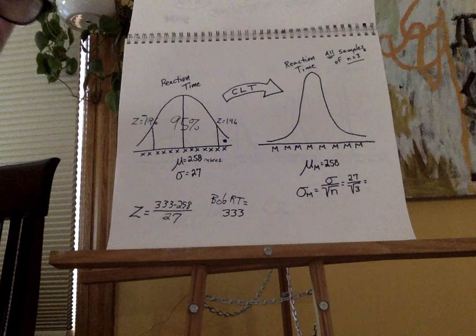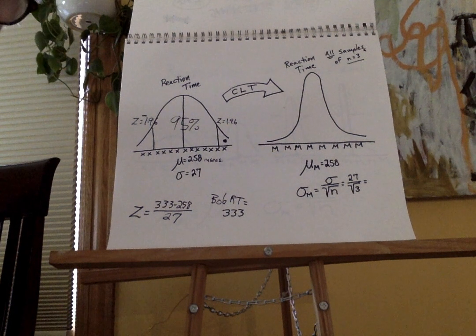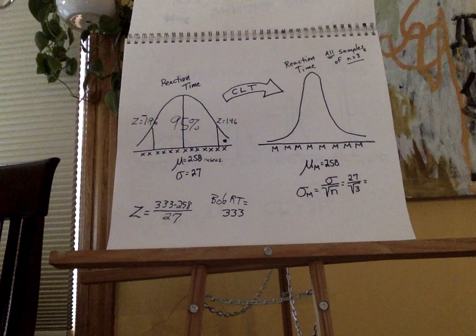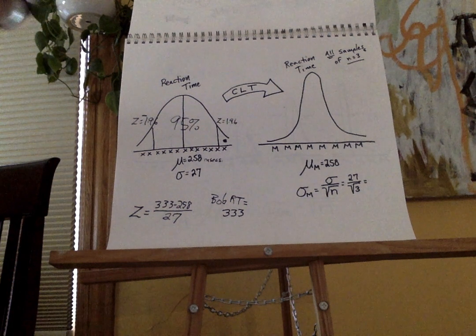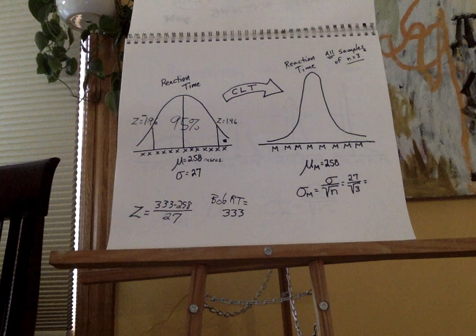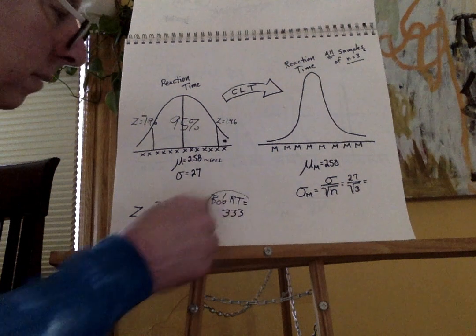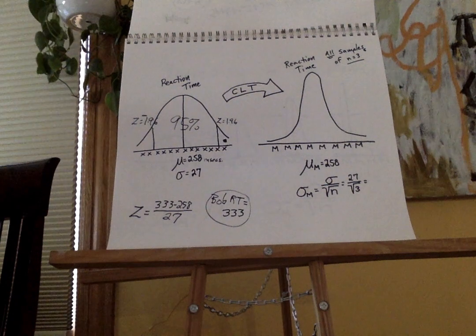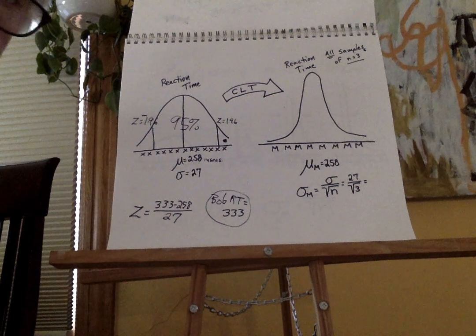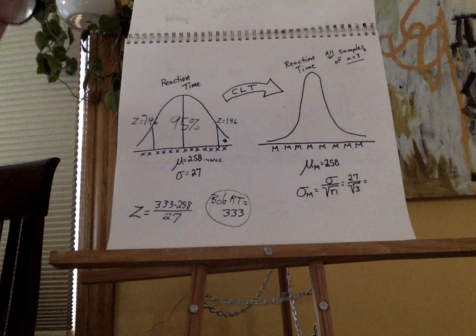Now Bob might say, hey, wait a minute, I wasn't paying attention, I didn't understand the directions, and I'm really not that slow, so give me another chance. What Bob is saying here is that he wants to give us a sample larger than 1, right?